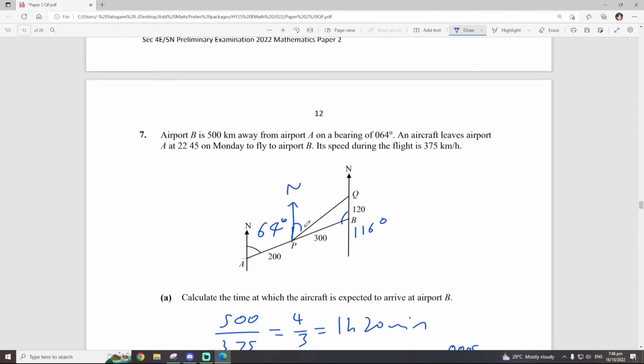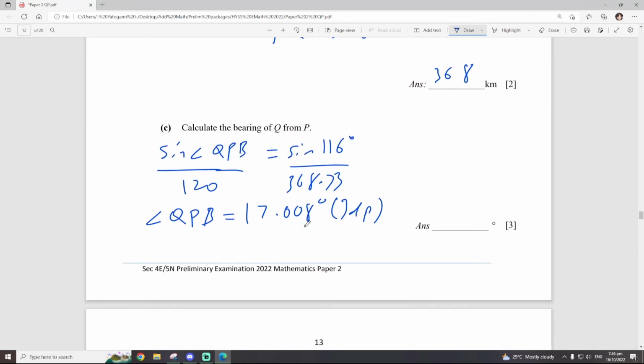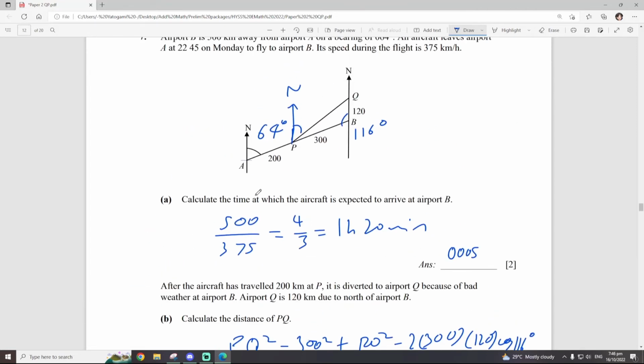So the bearing will just be 64 minus 17, and that will be 47. But of course it's a bearing, so remember to put the 0 in front: 047.